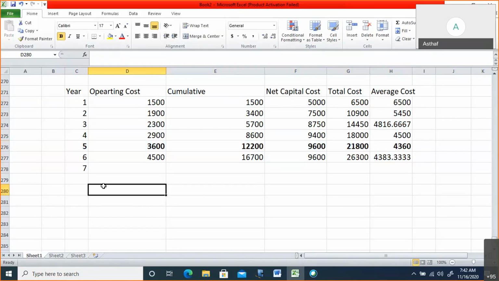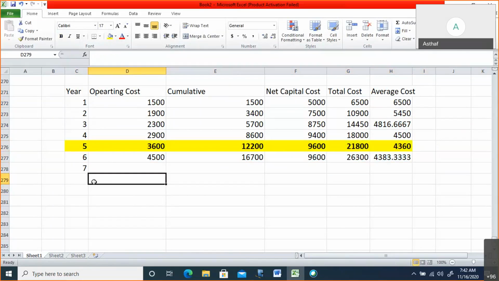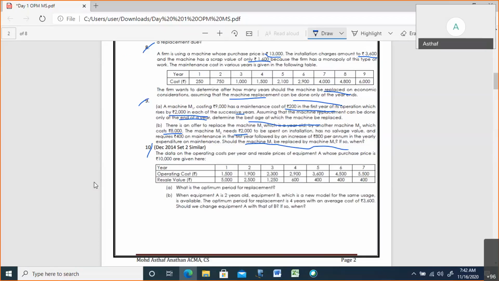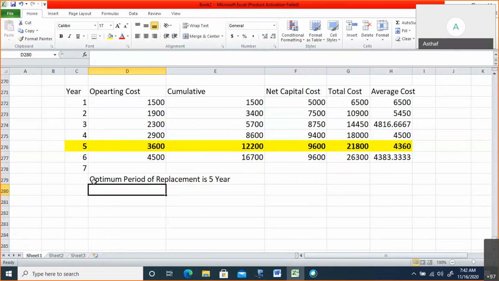So the optimum period of replacement is what? The optimum period of review is 5.